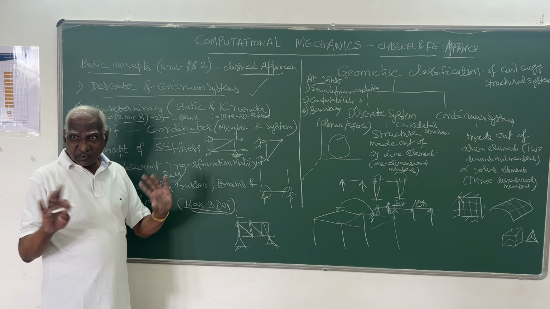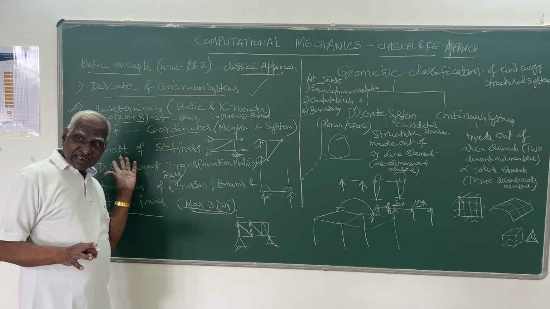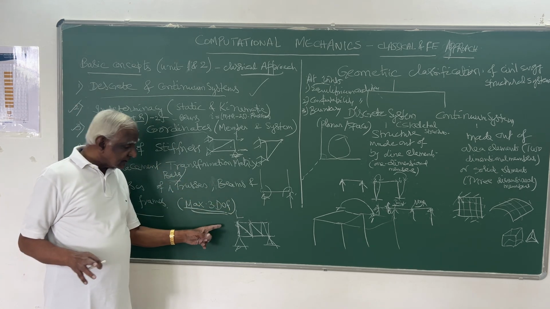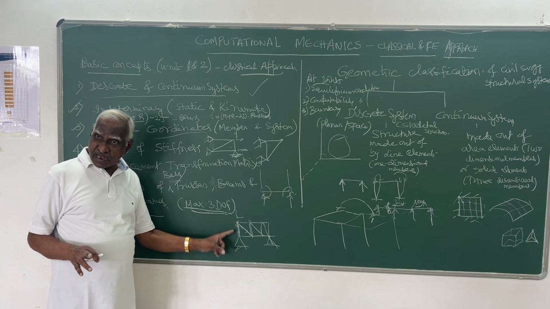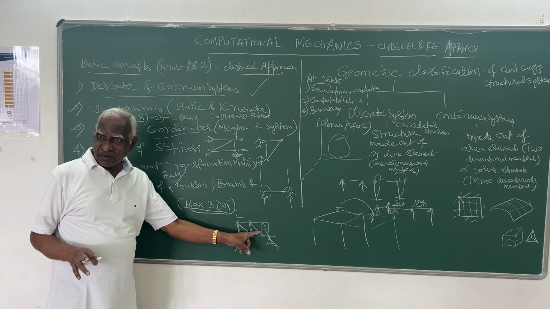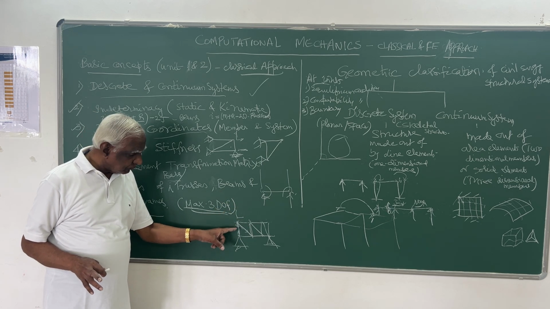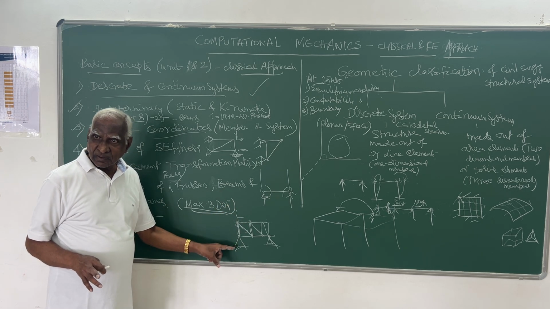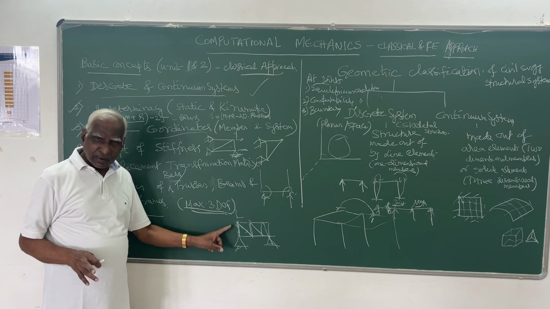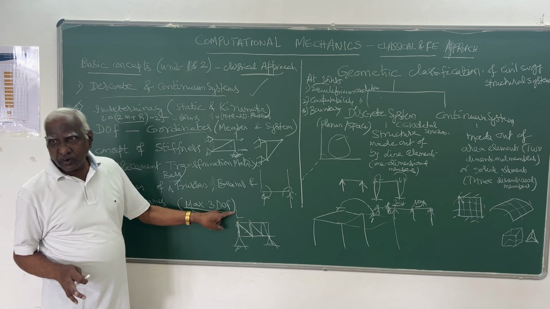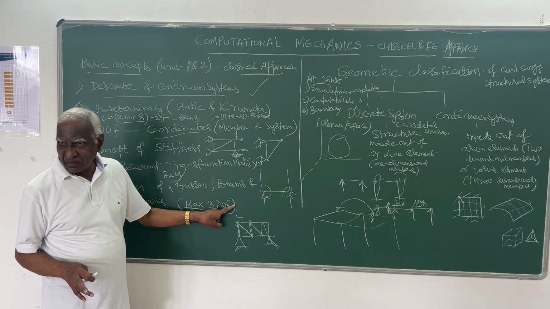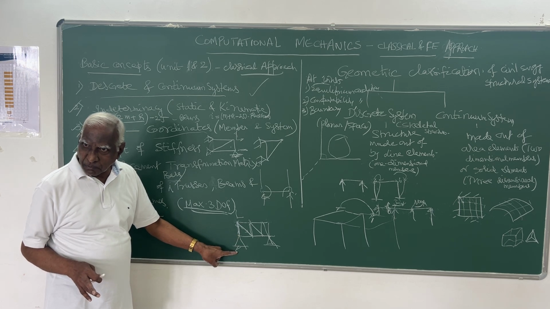Is it clear? Don't confuse static and kinematic. Static means forces, only one. Kinematic indeterminacy is 2. But in a vertical member, at this end only vertical displacement is possible, here also vertical is possible.